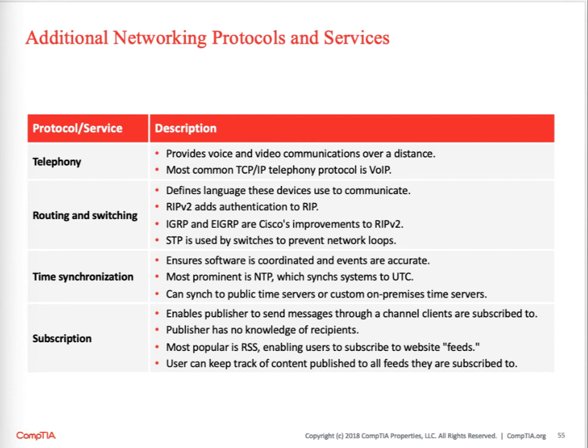And then there's also even more improvements on that, and that's going to be Interior Gateway Routing Protocol, which is IGRP, and Enhanced Interior Gateway Routing Protocol, which is EIGRP.